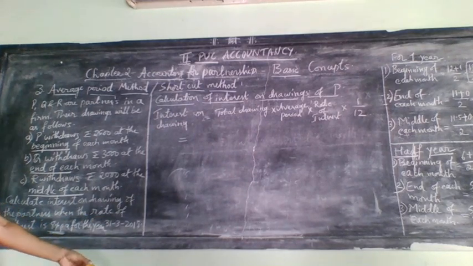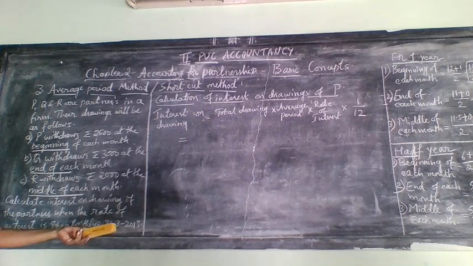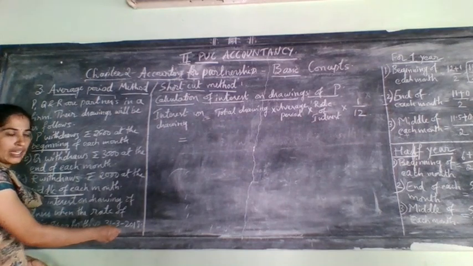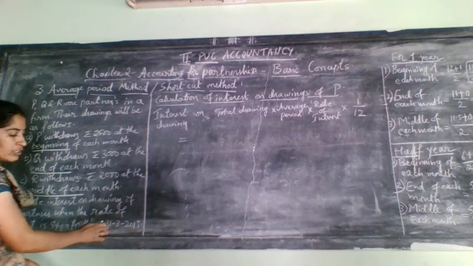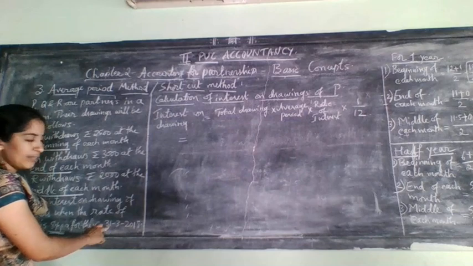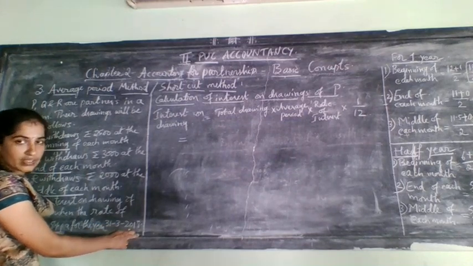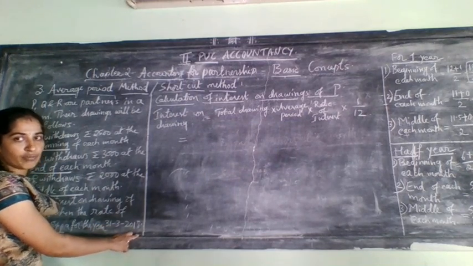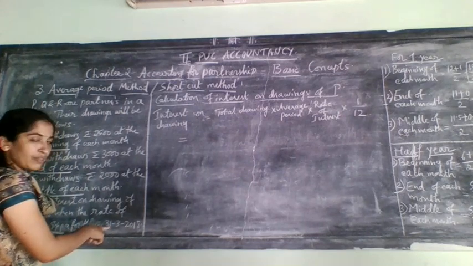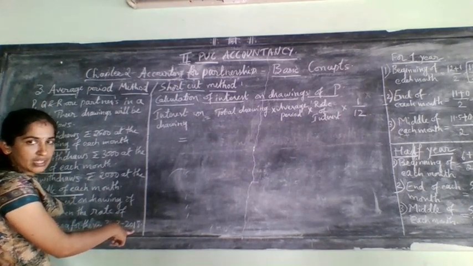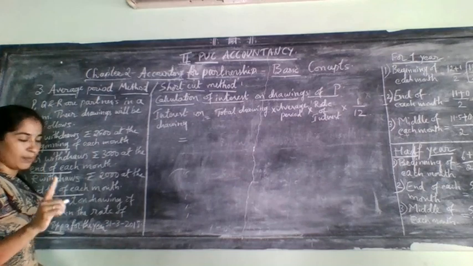That means you need to calculate interest on drawing for one complete year. If they have given the date, then you need to just consider the year ending date. If they have given 30th/9/2018, you need to calculate for half year. 31st/3/2018 means you need to calculate for one complete year.